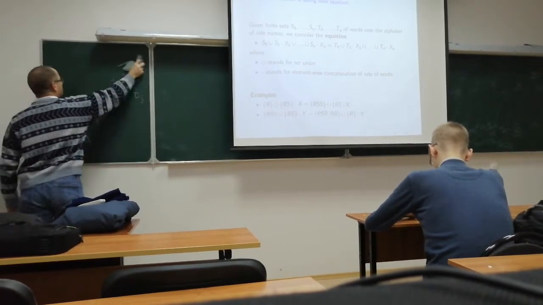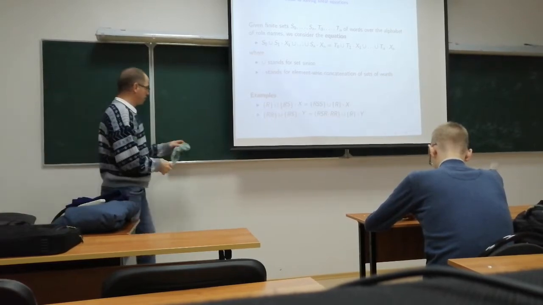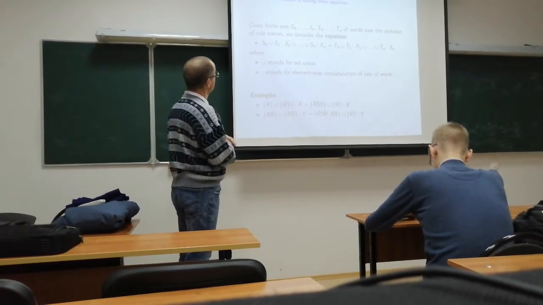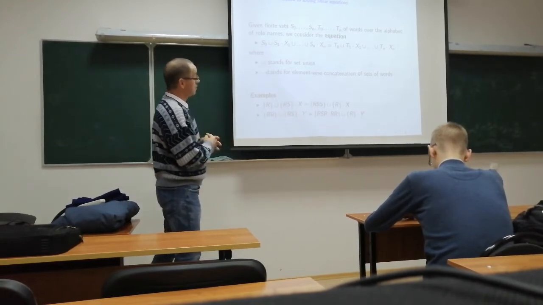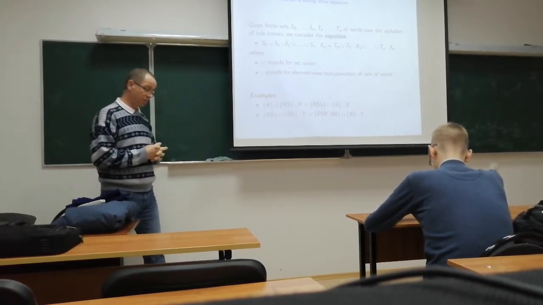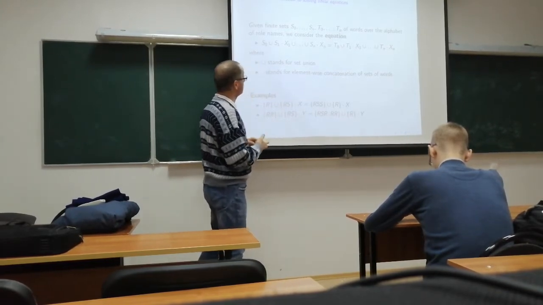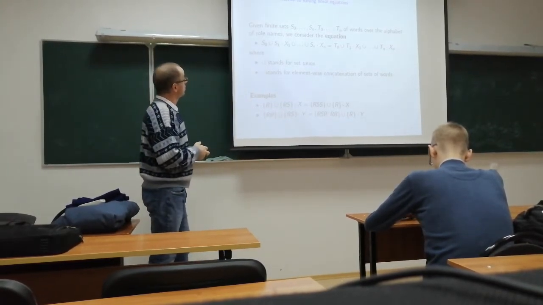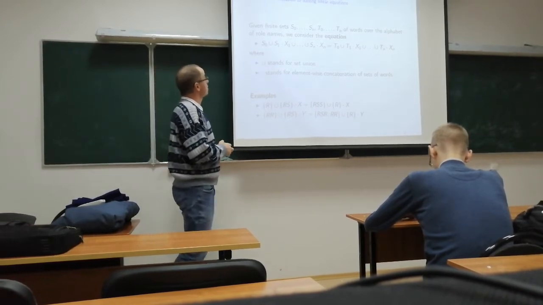Okay. And now let us consider the unification problem. But before, I want to talk about finite sets of finite words over a finite alphabet. An equation between expressions determined over such finite sets.